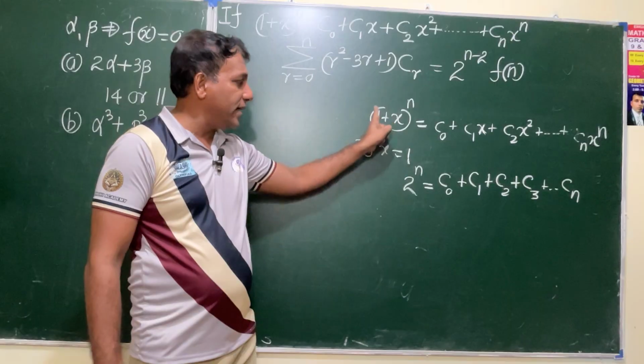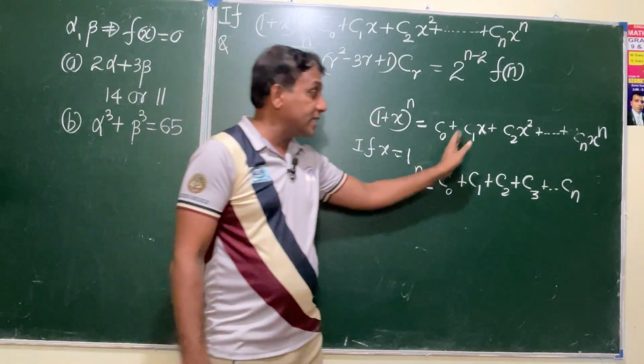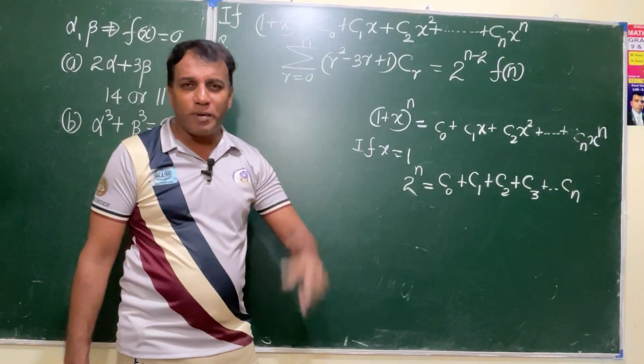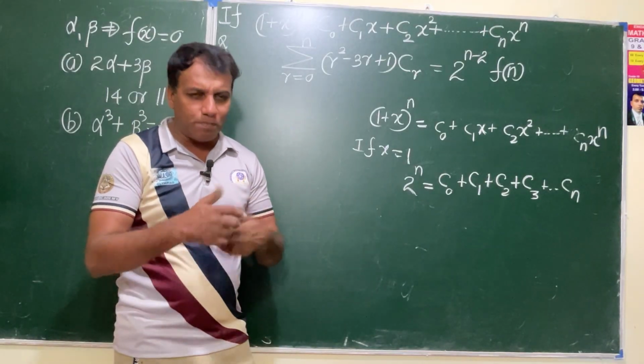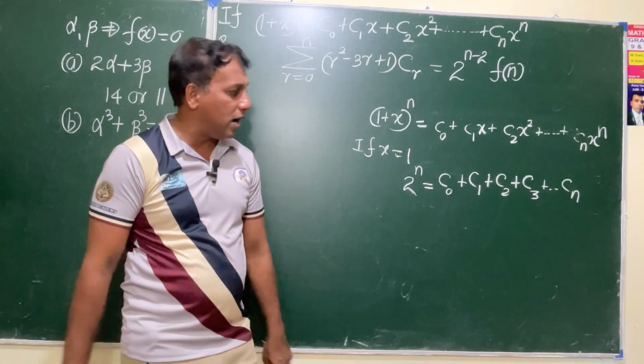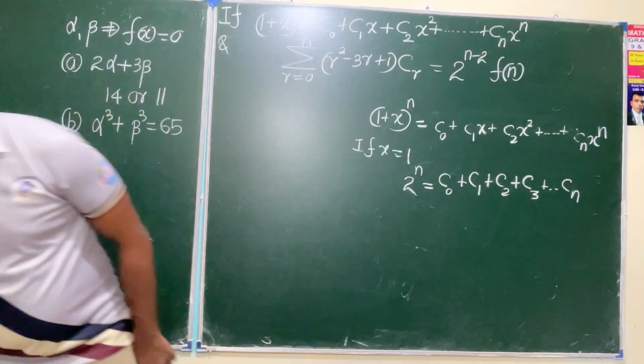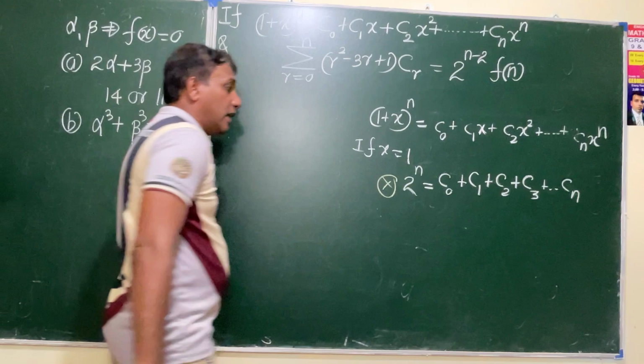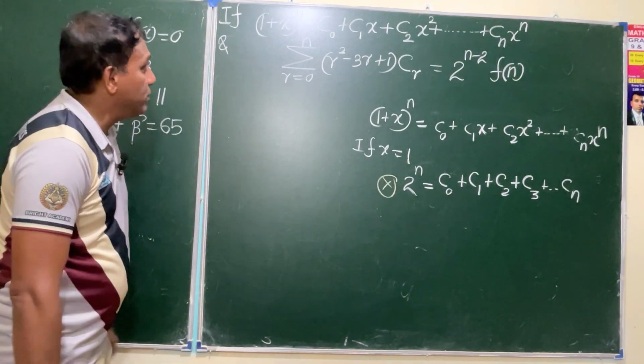What is x equals minus 1? Here it is 0. But on this side you have odd numbers and even numbers coming, negative and positive combinations. So you can check some patterns of this binomial expansion, right? So here is one pattern shown. This is one nice case, 2 to the power n if x is 1, right?